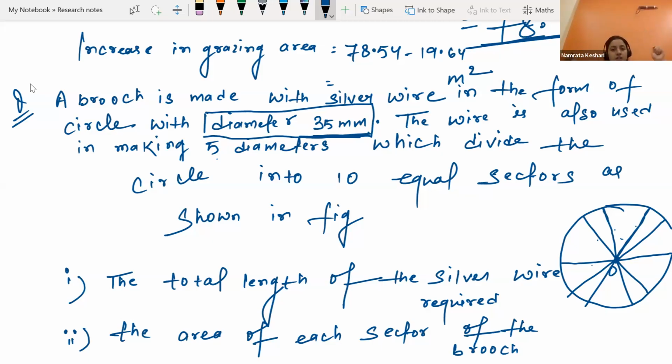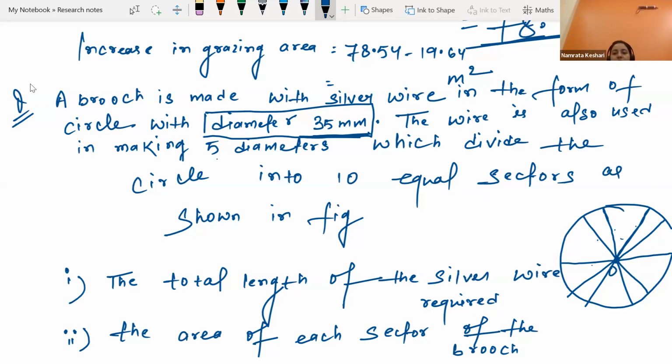A particular specific length of wire you have, and out of that wire you are making a circle. You are still left with wire, so you are making 5 diameters and arranging them the way it looks in the figure. So 5 diameters divide the circle into 10 equal sectors.